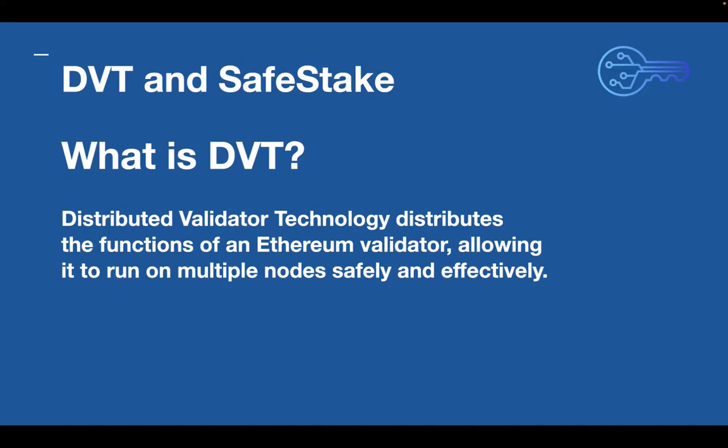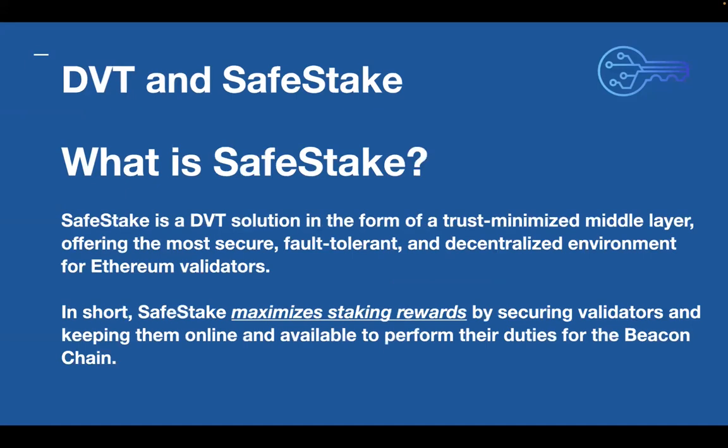It allows the validator to run on multiple nodes safely and effectively. So what is SafeStake? We are a particular implementation of DVT. Ours is a trust minimized middle layer. It offers a secure, fault-tolerant, decentralized environment for Ethereum validators.